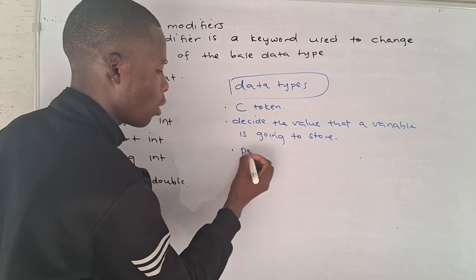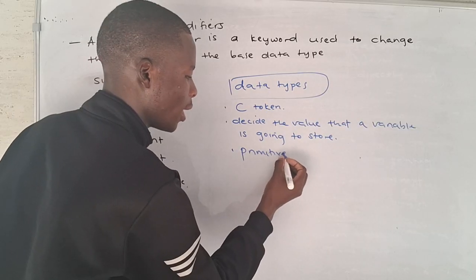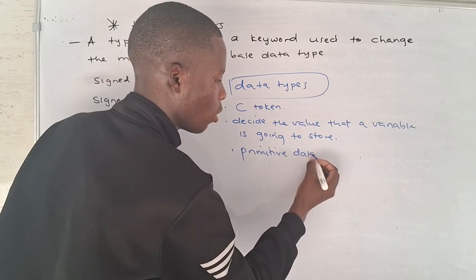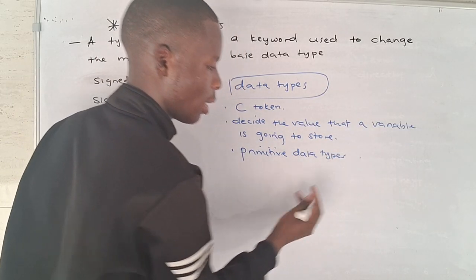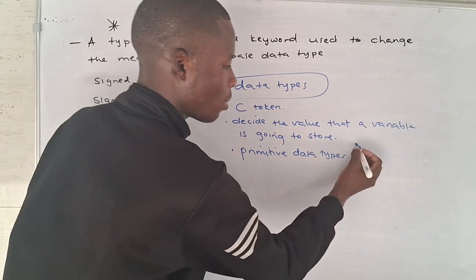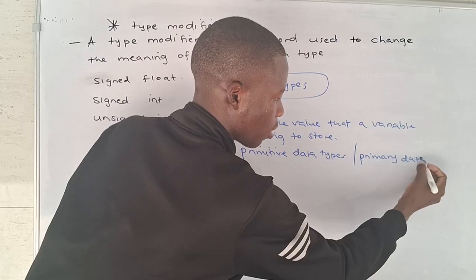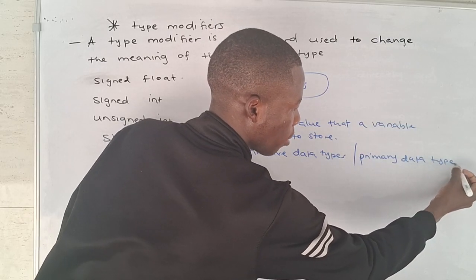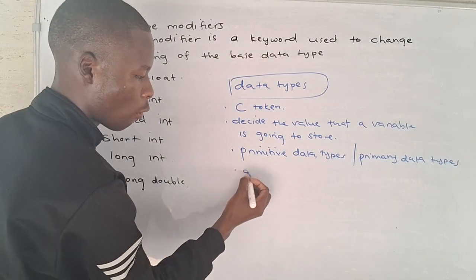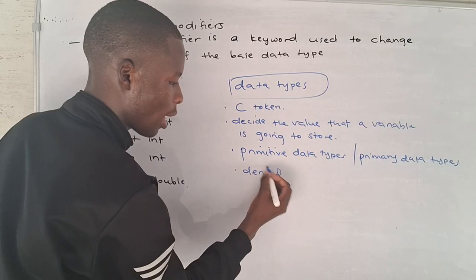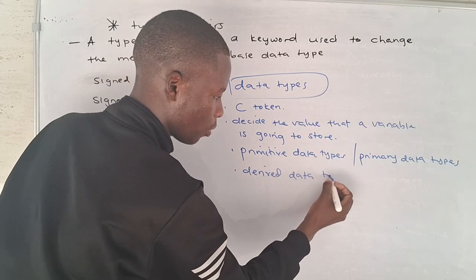We have what we call primitive data types. These primitive data types are also called primary data types. We also have derived data types.